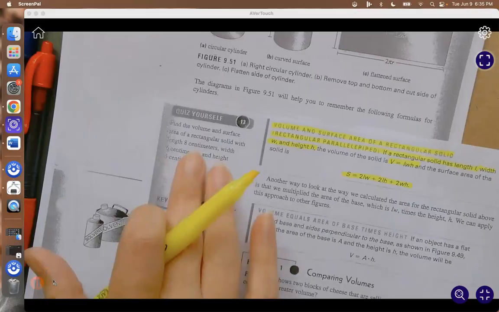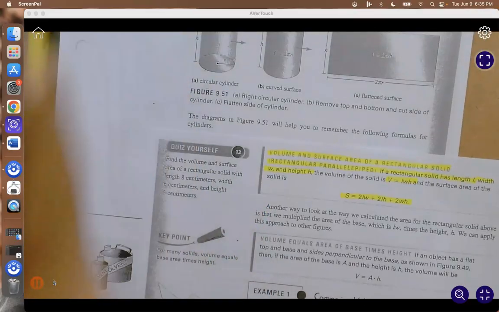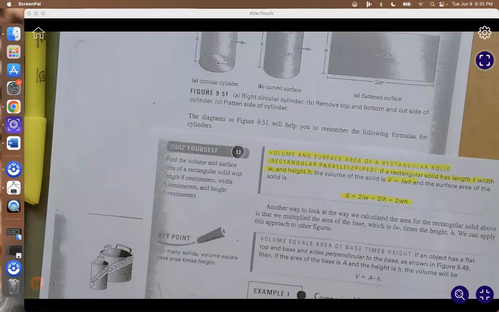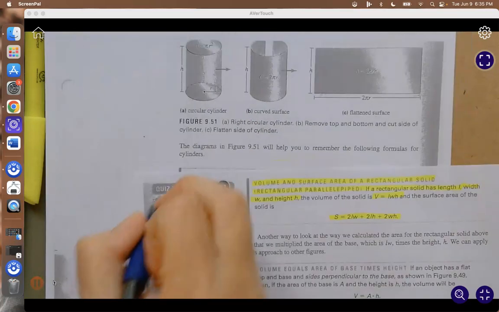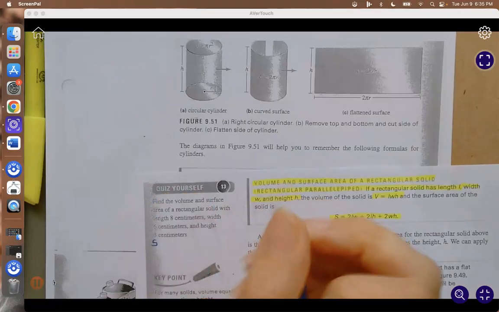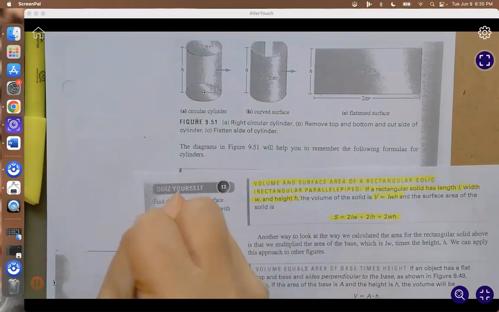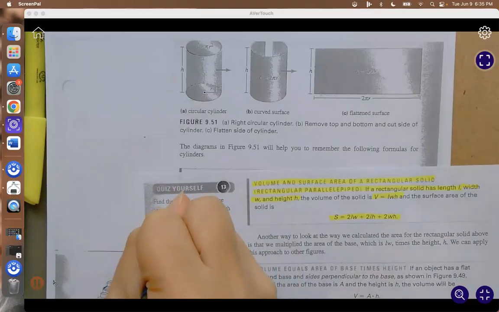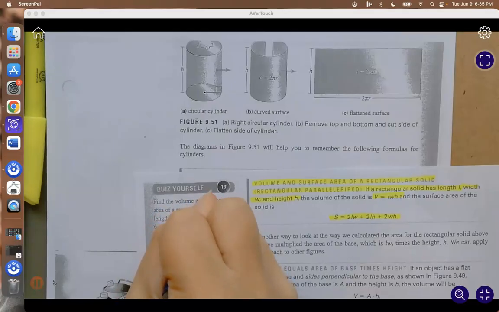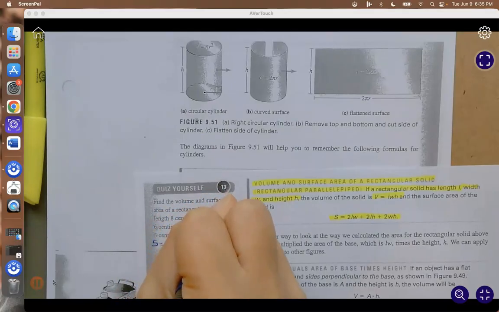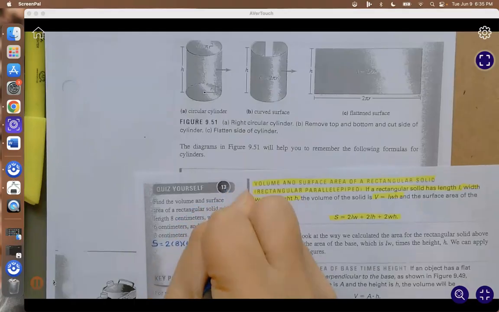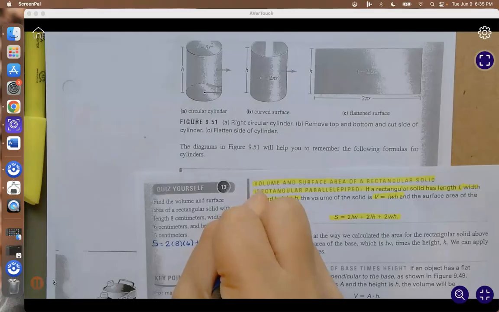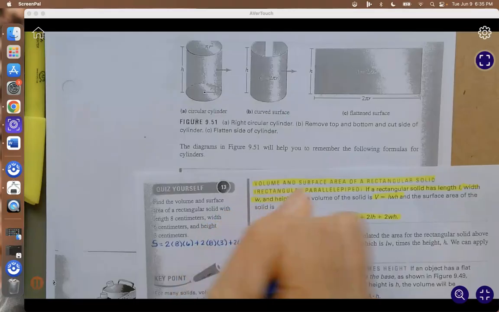Okay, so let's look at this quiz yourself over here to the side. It says find the volume and surface area of a regular solid with length 8, width 6, and height 3. And we're looking in terms of centimeters. So let's do surface area first. We're going to do 2 times 8 times 6 plus 2 times 8 times 3 plus 2 times 6 times 3.